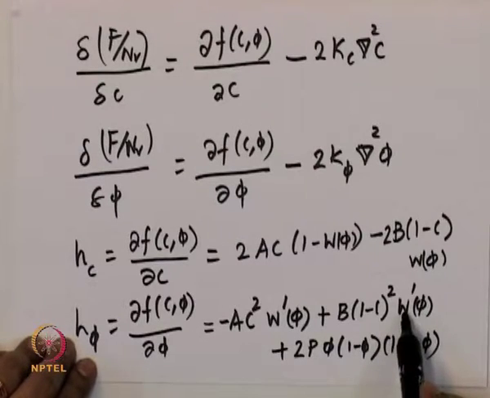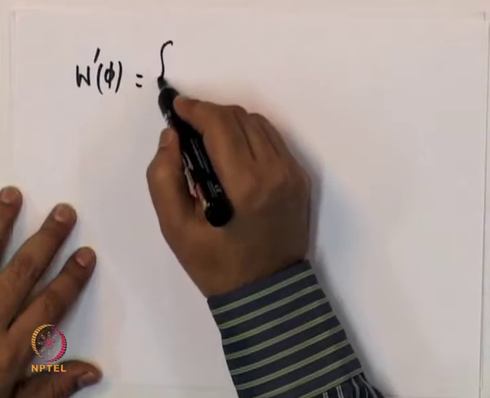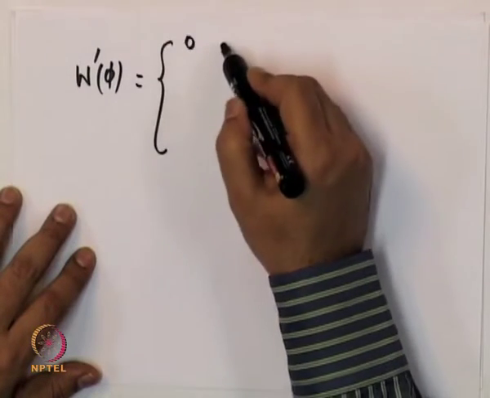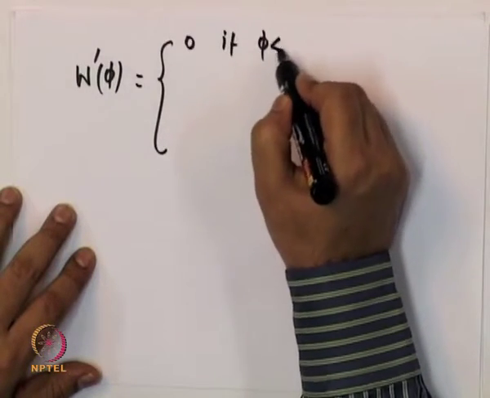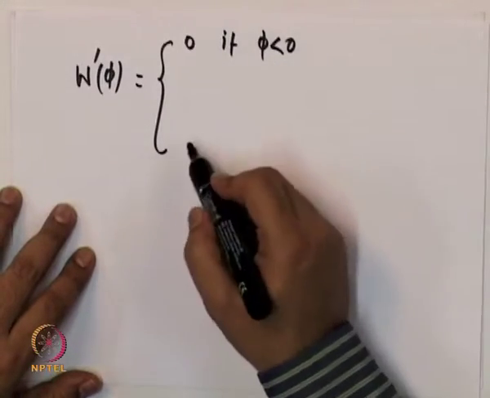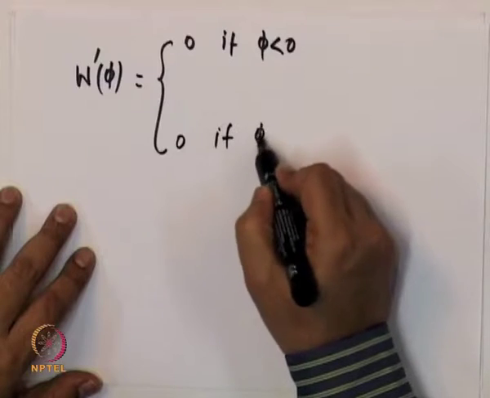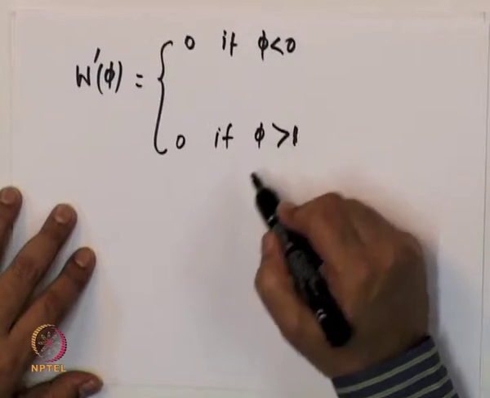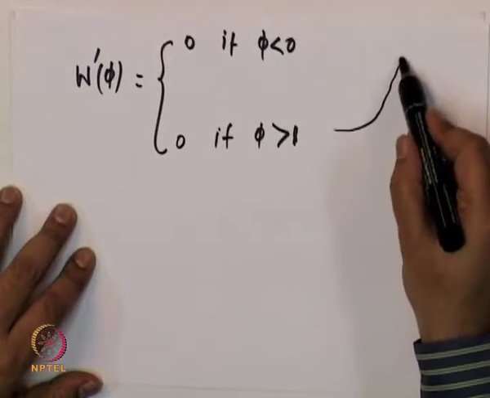Now what is this W prime of phi? That also needs to be defined, because remember the W of phi itself is defined in 3 parts. So of course the W prime of phi is also defined in 3 parts. It is 0 if phi is less than 0, because it continuously remains 0, so the derivative is going to be 0, and 0 if phi is greater than 1, because remember the function is something like this.